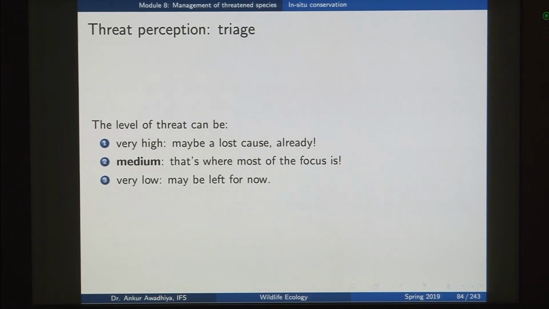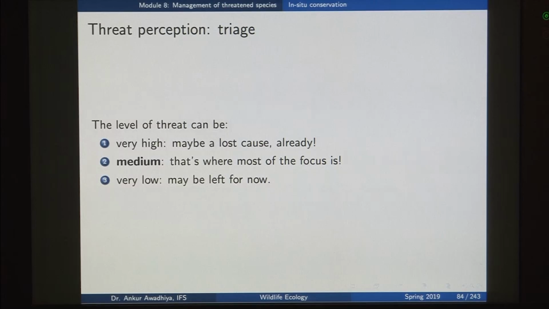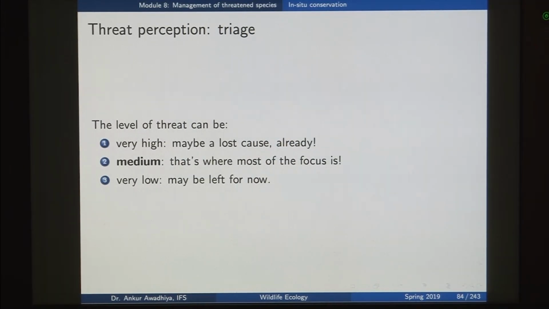So, if there is an area that has a very high degree of threat, so there is a very small piece of forest, and this forest is surrounded on all sides by different villages, and all of these villages are putting a very high amount of influence onto this small piece of forest. So, there is a very high degree of threat that this forest is perceiving. So, should we set up a reserve here? Well, the answer would be yes and no.